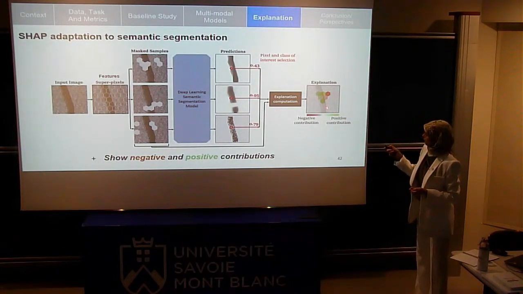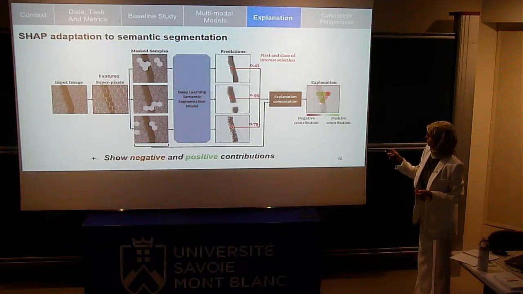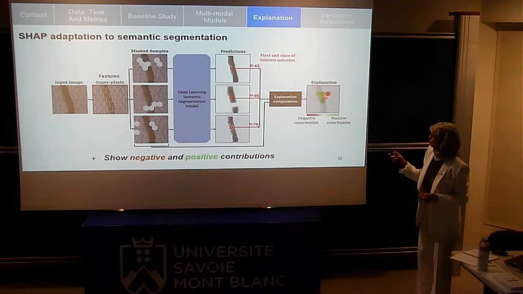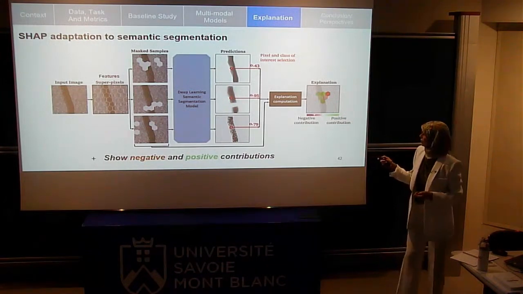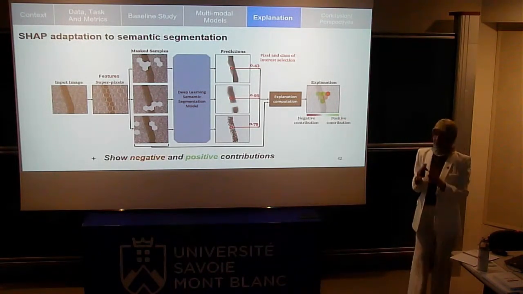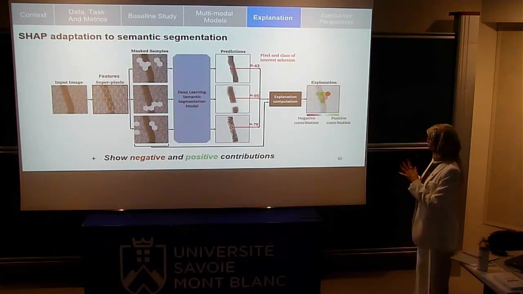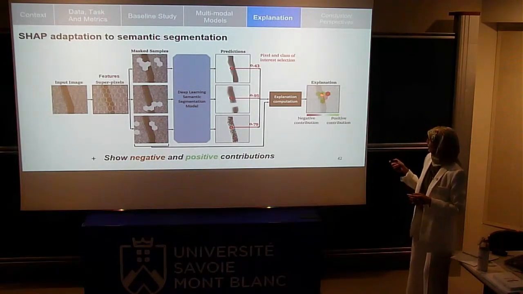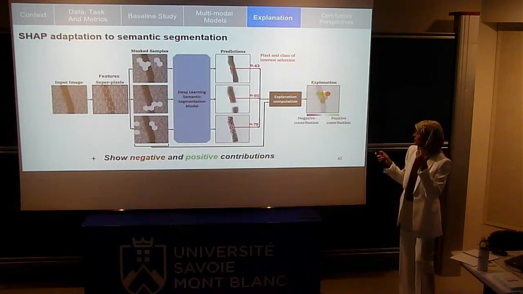We can see here our input is covered with a grid of colors. We have two ranges of colors, red and green. The red colors refer to negative contribution, which means these areas are inhibiting the decision.